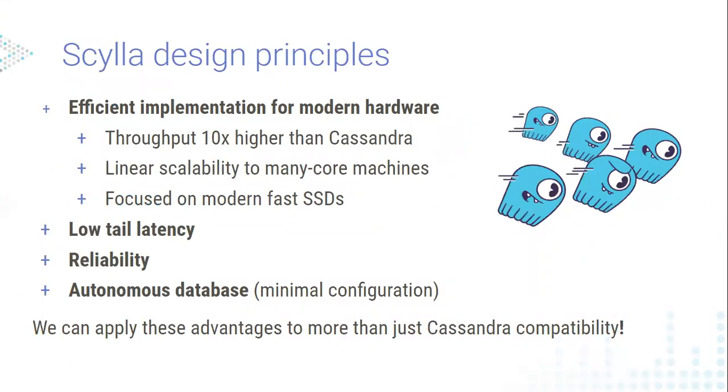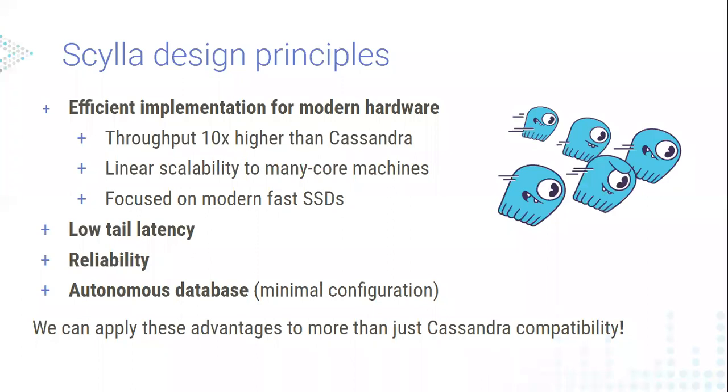Okay, so let's look at the principles that Scylla is designed with, and why we decided to also add the DynamoDB API. The primary design goal of Scylla was, first of all, to have a very efficient implementation on modern hardware. Modern hardware has many cores and very fast, parallel SSDs, and so we wrote Scylla in a way that can actually use this hardware in an optimal way.